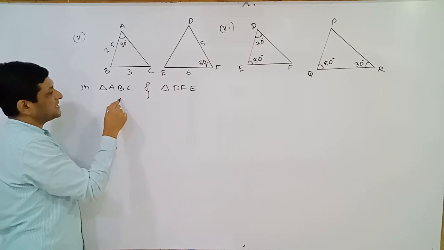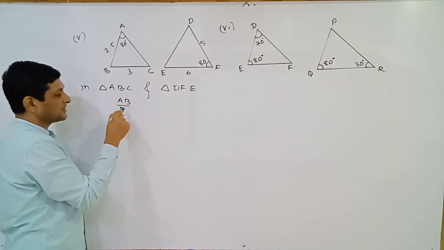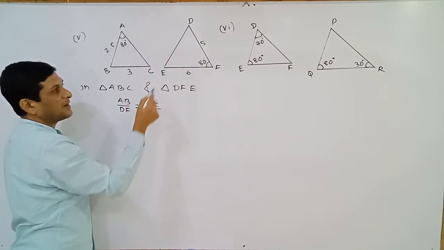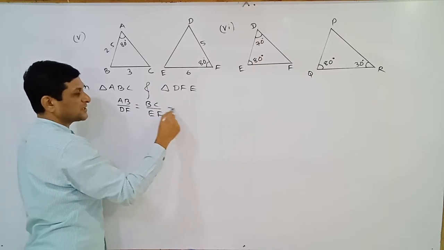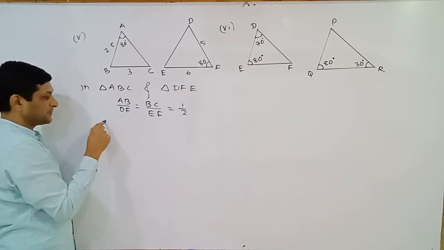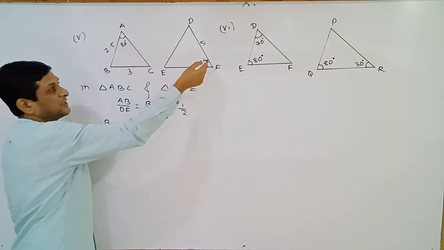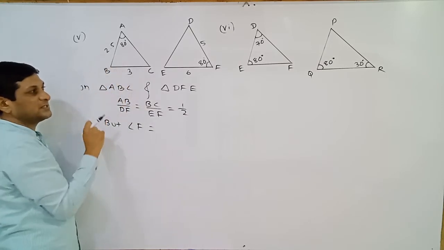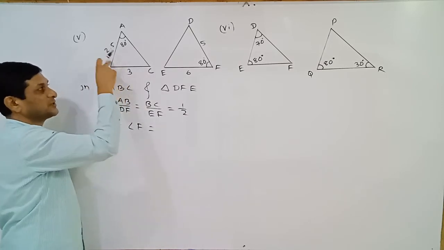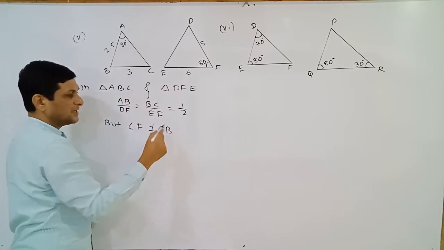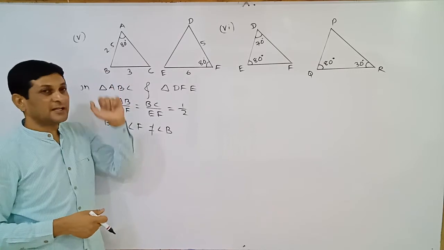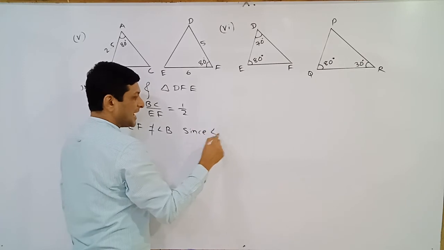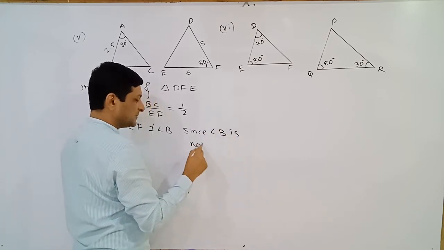Now we can say that AB upon DF is equal to BC upon EF, and these ratios are equal to 1 by 2, but the included angle here is F, and its corresponding angle should be B, because B is included in these two sides. We cannot say that these two angles are equal, because angle B is not given here. So not equal, since angle B is not given.